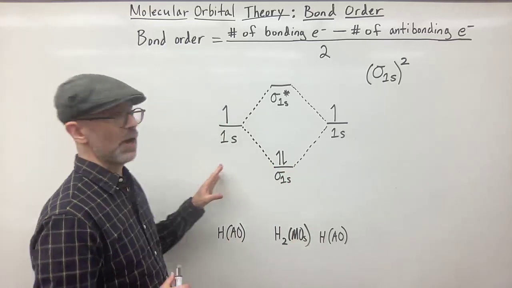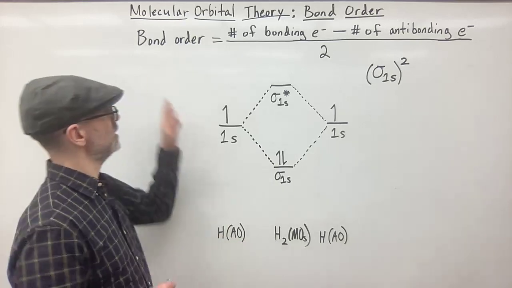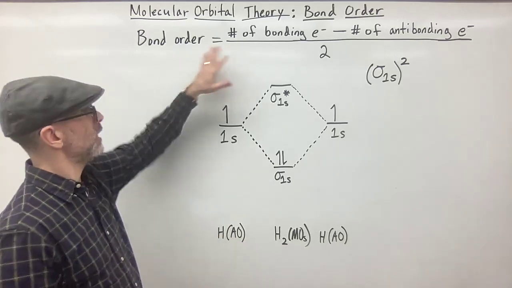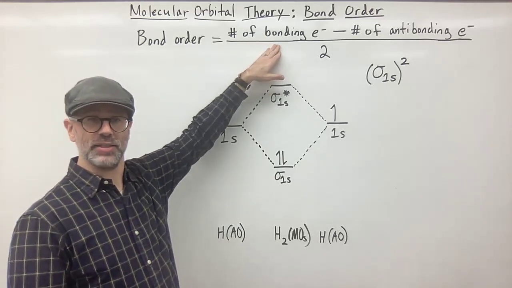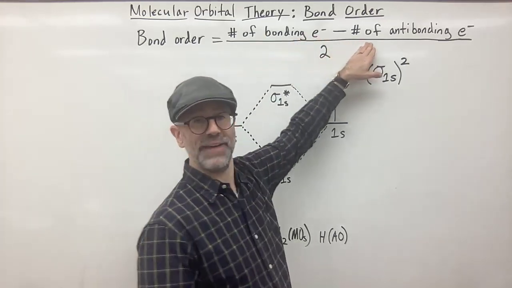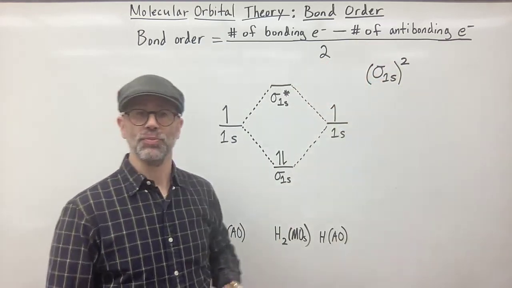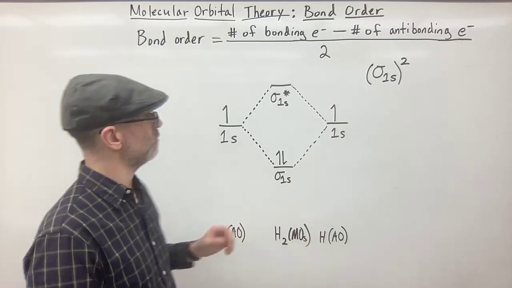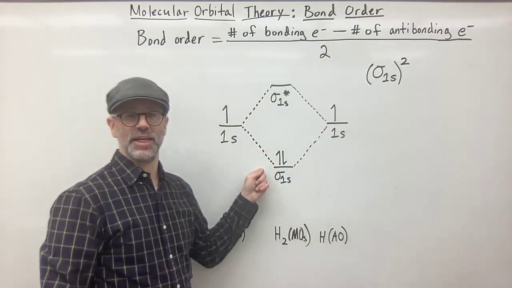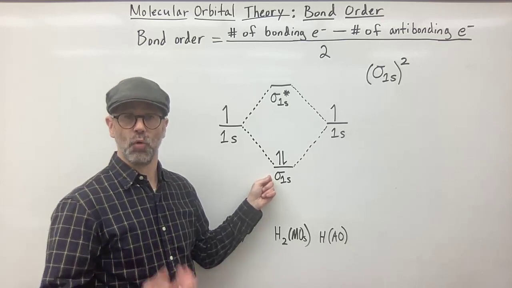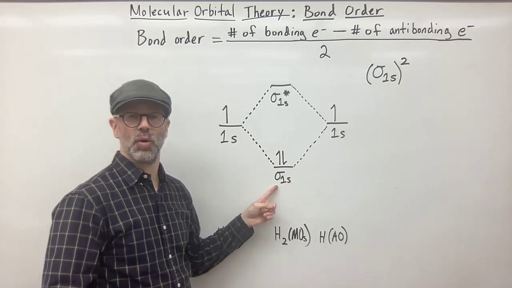The way you figure out bond order using molecular orbital theory is this equation here. The bond order is going to be the number of bonding electrons minus the number of anti-bonding electrons, all divided by 2. So what does that mean? The number of bonding electrons are the electrons that you have in bonding orbitals. So here we have 2 electrons in our sigma 1s.